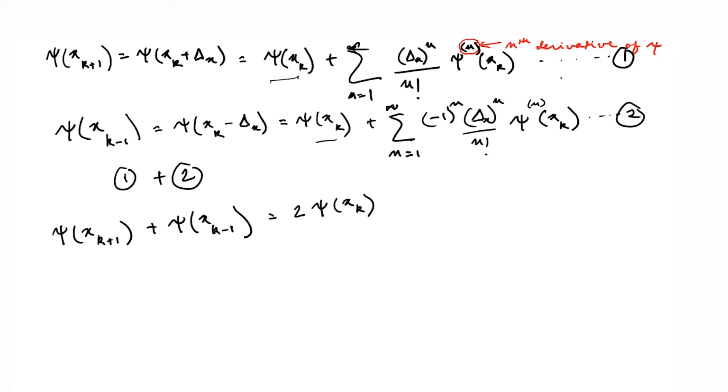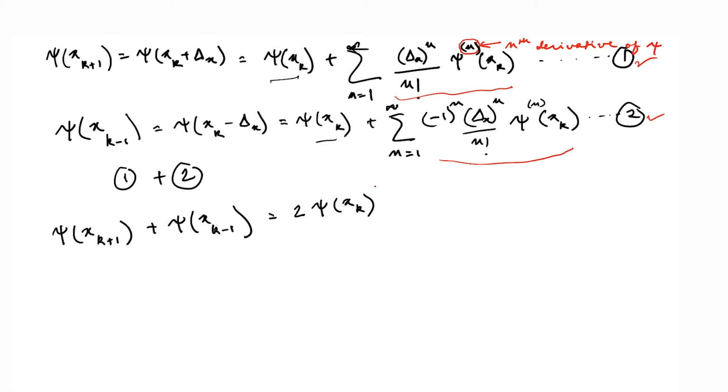The terms are the same; the only difference is for odd values of n. For example, n equals 1: this term in the second equation will be negative, while the same term in the first equation will be positive, so it will cancel out. This will be true for all the odd values of n. So, when I add up equation 1 and equation 2, the odd terms get cancelled, and we will be left only with the terms with even values of n.